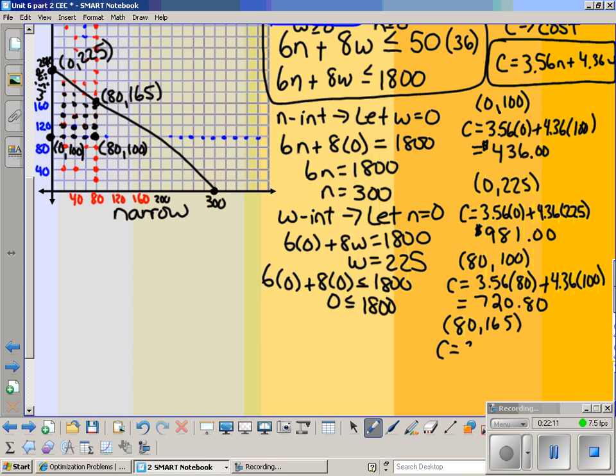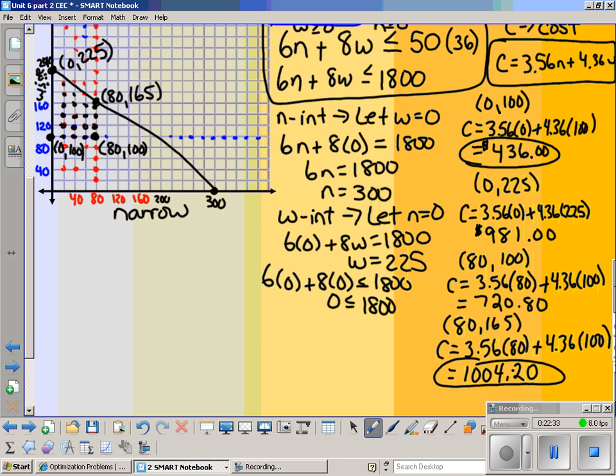So I'm going to have a cost of 3.56 times 80 plus 4.36 times 165. I add those up and I get $1,004.20. So you're looking for your maximum and your minimum. Here's our minimum, and our maximum is right here.